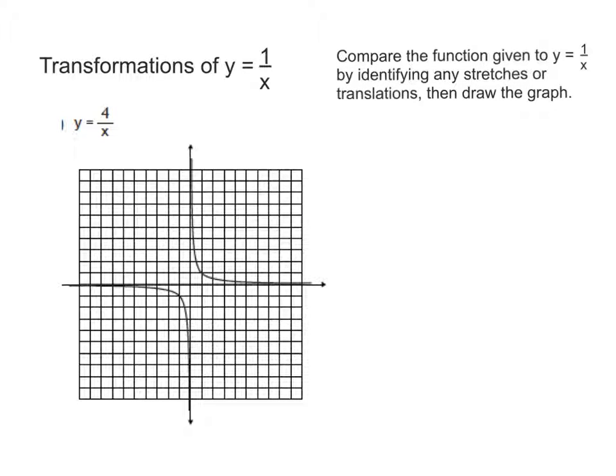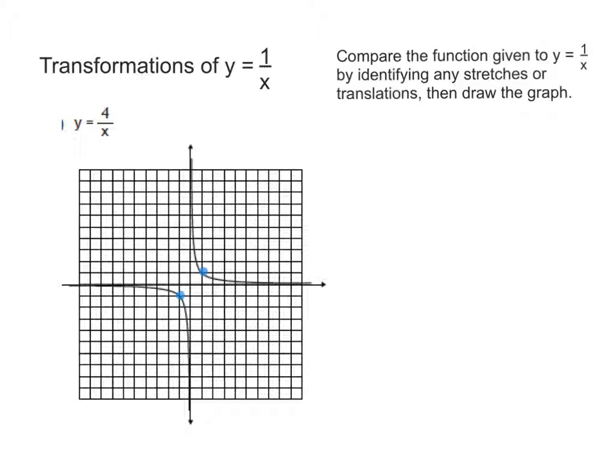When we're looking at transformations of y equals 1 over x, this is the first one we already talked about briefly. The transformation here is a vertical stretch by a factor of 4. So if you look at a few points, let's pick these two to start with.